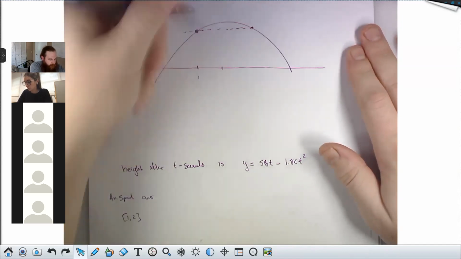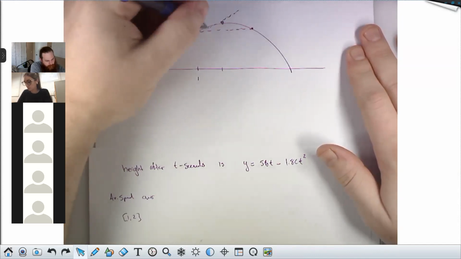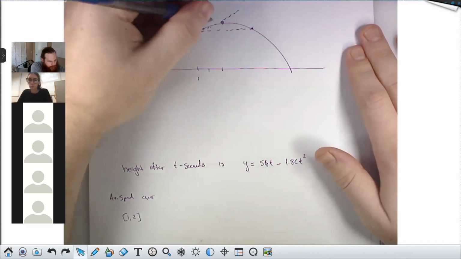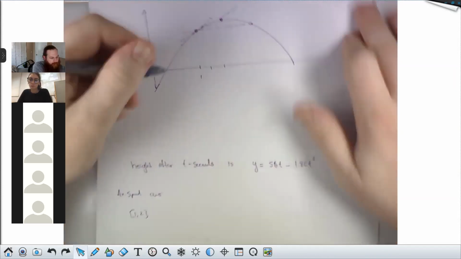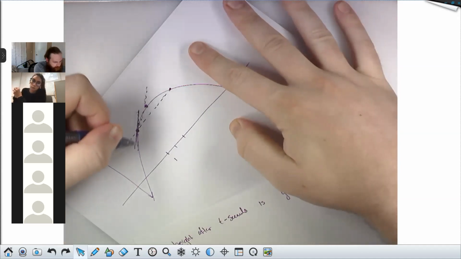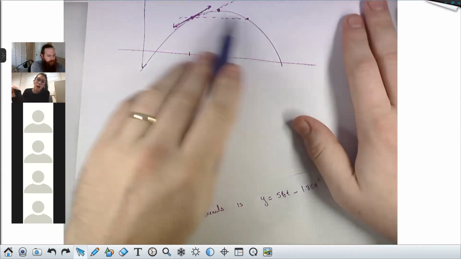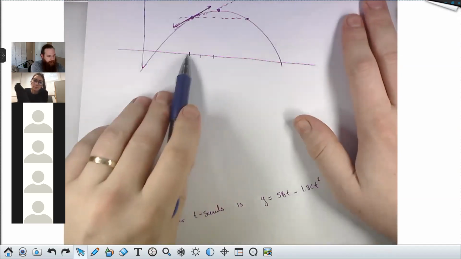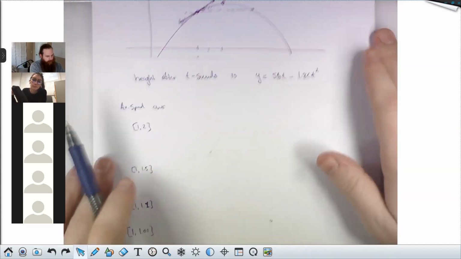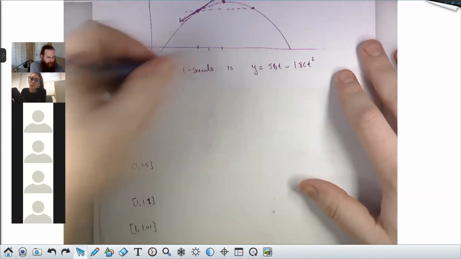And then they have you do 1 to 1.5. And then 1 to 1.1. And the goal is to get closer and closer to figuring out the slope of the tangent line here. So you're dragging these points closer and closer to this base point to try and get a feel for the slope of the tangent. So we'll call this thing f of t or h of t.